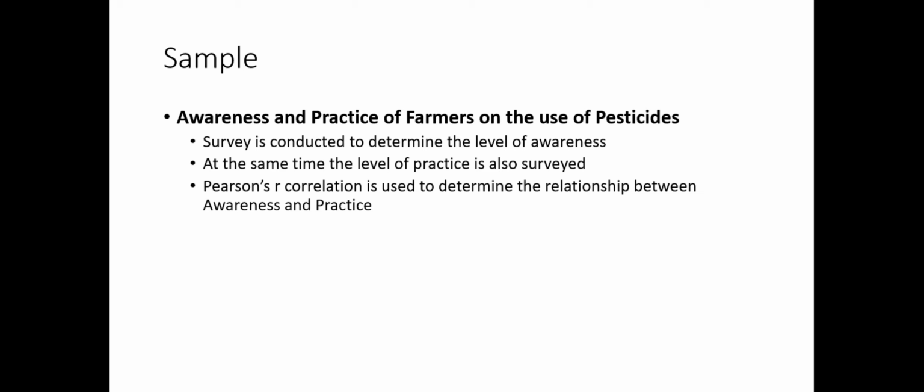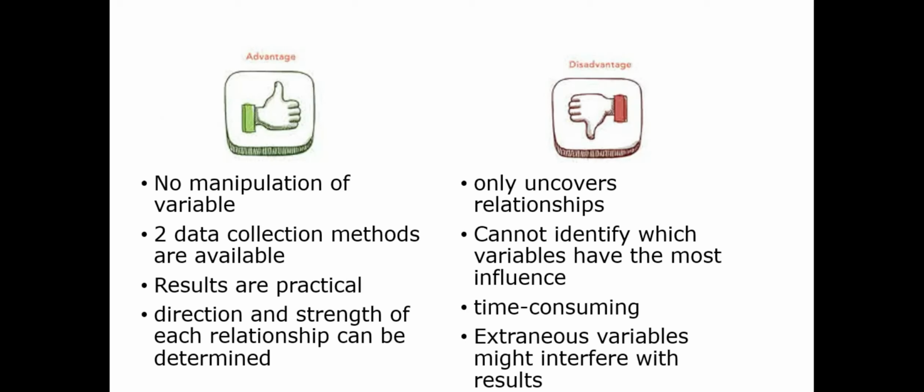There could have been other reasons like economic status or their culture themselves. So we could not really make a conclusive result regarding that. But we can establish that indeed there is a relationship between the level of awareness and the level of practice.